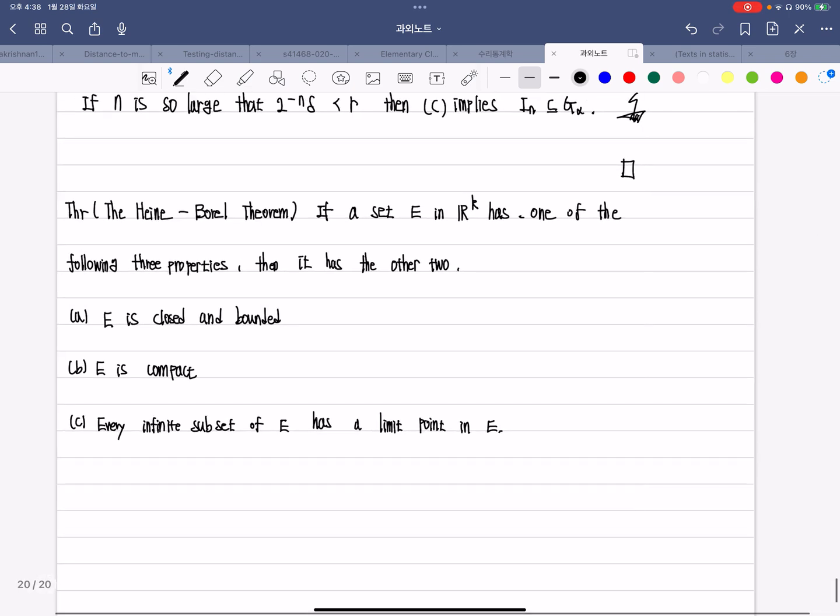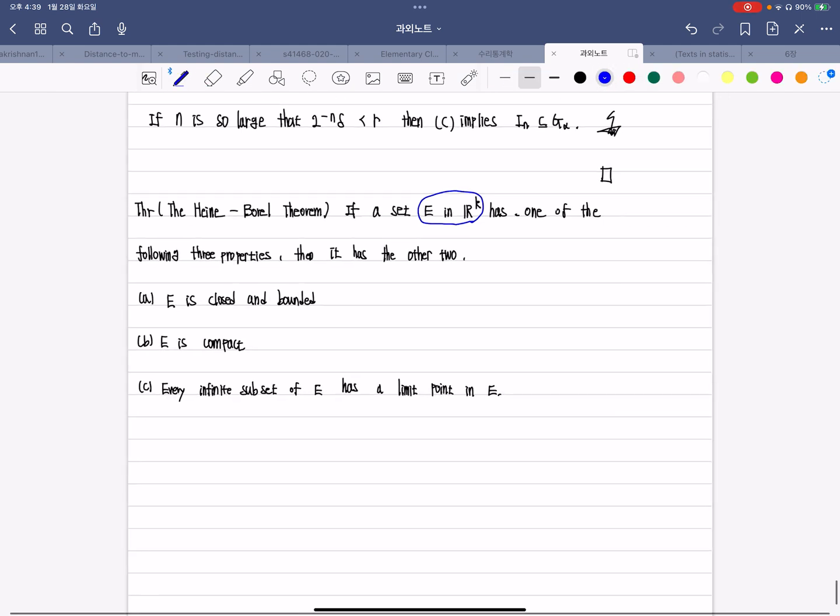You must be careful that the larger space in which E is contained is Euclidean space.